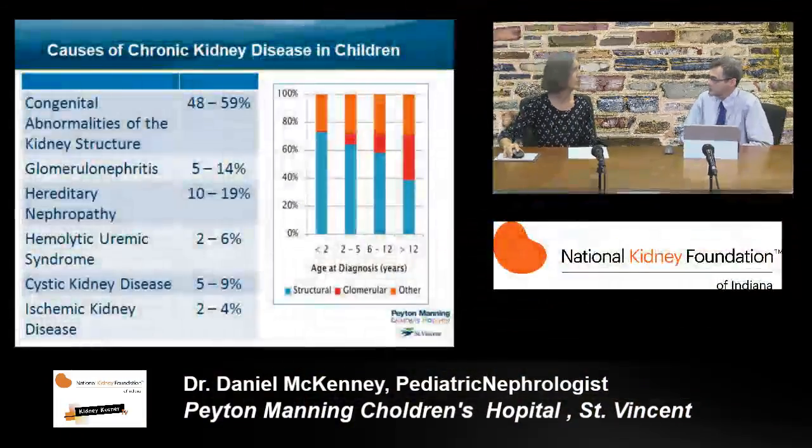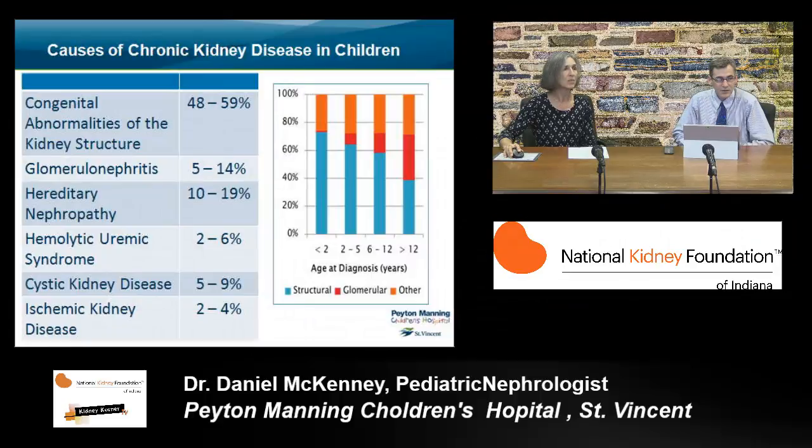Okay. And then what may be the second and third most common causes for children? Some of the causes are similar to what you see in adults. The second most common would be inflammation of the kidney filters, like glomerulonephritis, that tends to have an immunologic cause, which is similar to some of the conditions seen in adults.